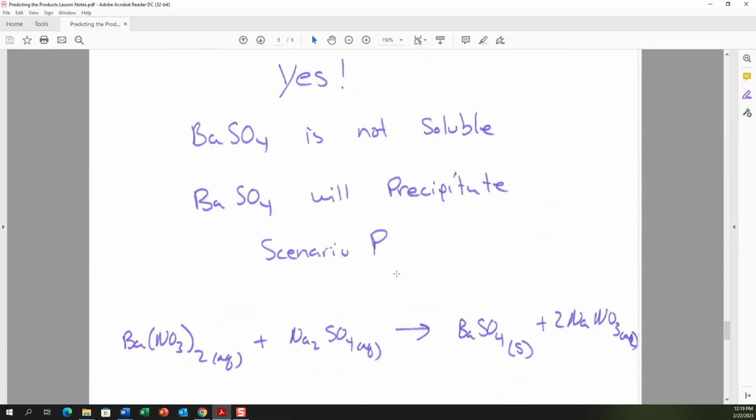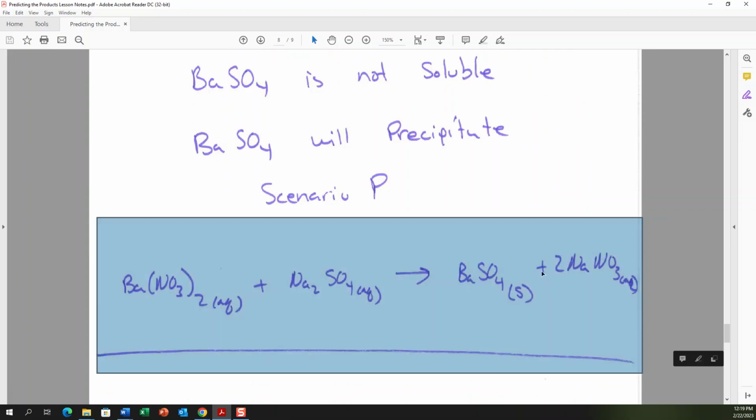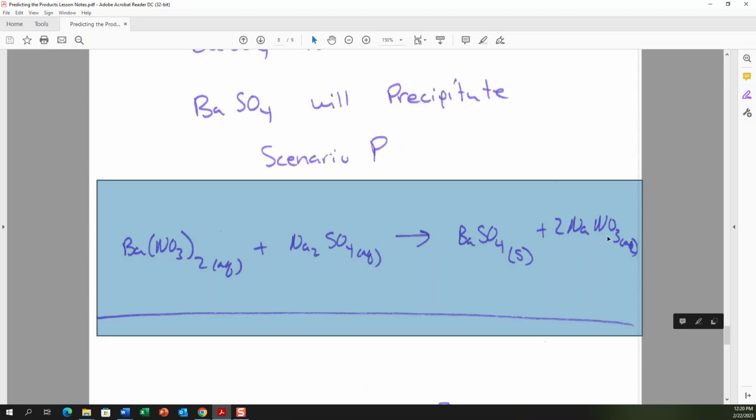Barium sulfate is a precipitate. So if we go to our balanced equation, I've got to put a 2 here to balance everything. But the states of matter are really what matter in this scenario, right? Aqueous salt yields solid salt and aqueous salt. So what this is telling us is the sodium and the nitrate are staying dissolved.